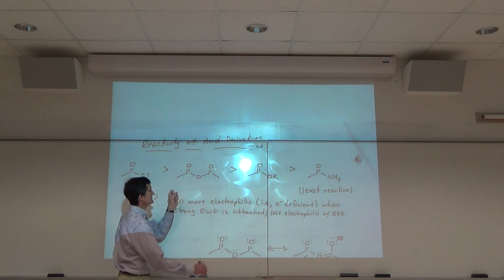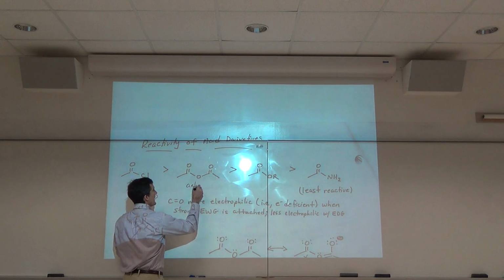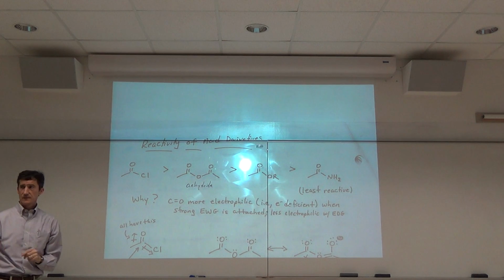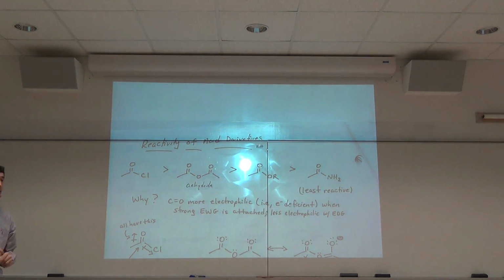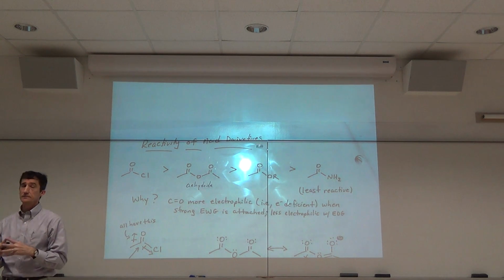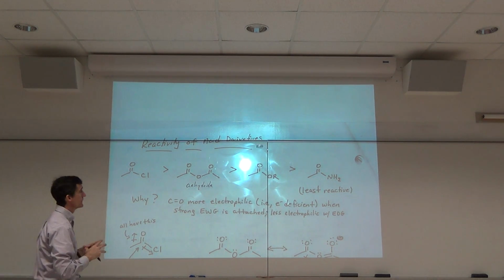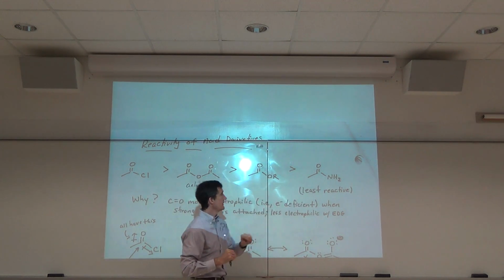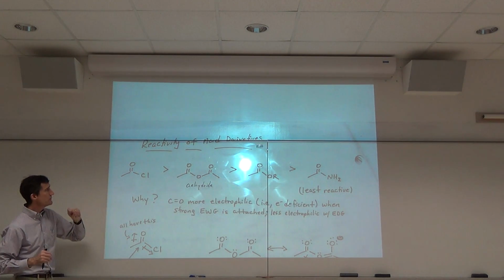What is this called? That's an anhydride. Those of you that have used acetic anhydride in lab, if these are methyls as shown, that's acetic anhydride. What is this? Ester. And then an amide. Acid chlorides are your most reactive.